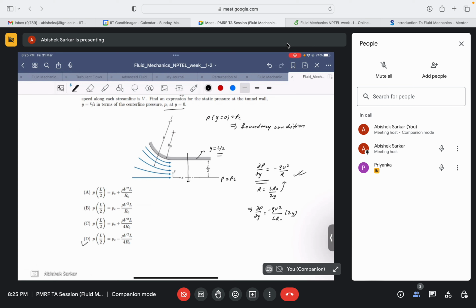Then after the clues which you gave, I took dou p by dou y. Okay. Why? I took y because it was easy to integrate. Okay, even if you have taken y, then how did a negative sign come into the picture?